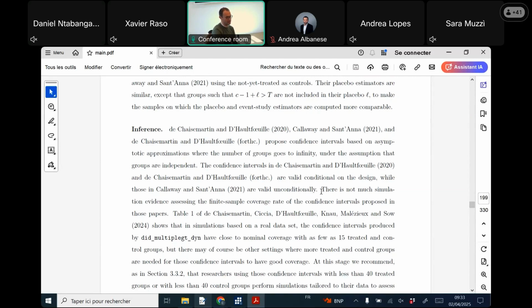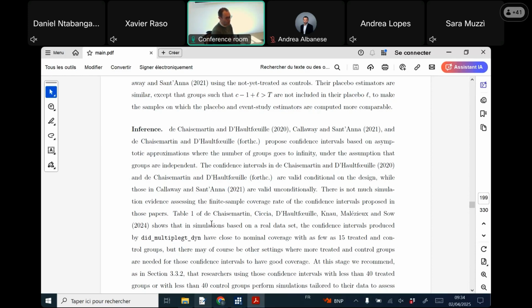Now I want to highlight that there is not that much simulation evidence about the finite sample coverage rate of those confidence intervals, either for our paper or those of Callaway and Sant'Anna. We've done a bit of simulation. We have a technical companion paper to our Stata package, did_multiplegt_dyn, where we did some simulations, first internally to make sure that we had coded the variances correctly, but then also to show that the coverage rate seemed to be okay.